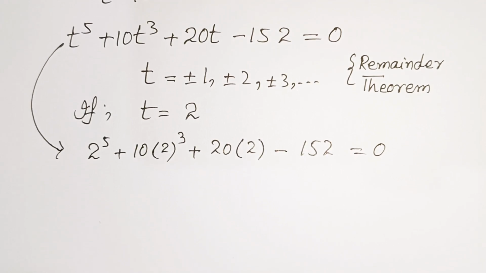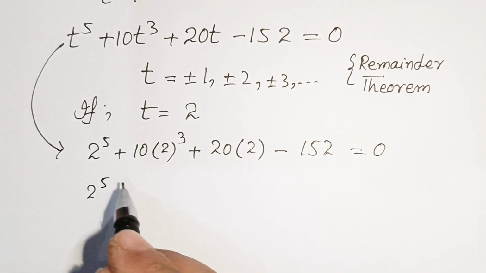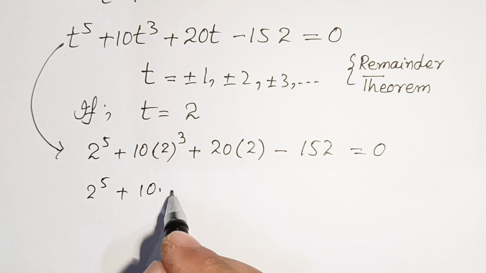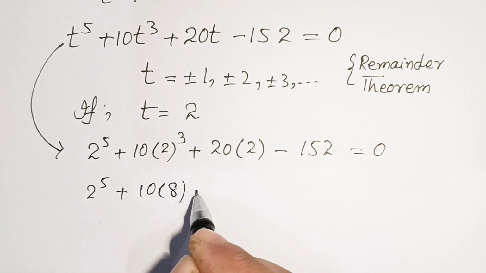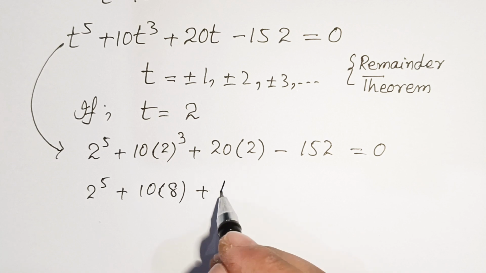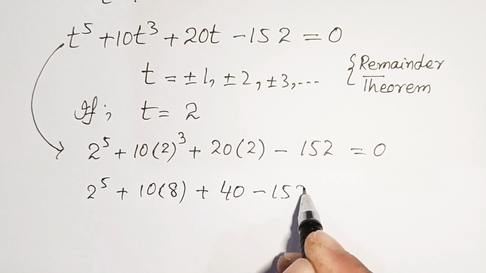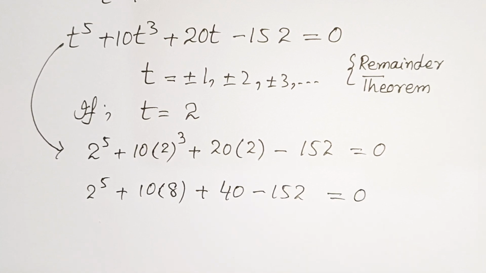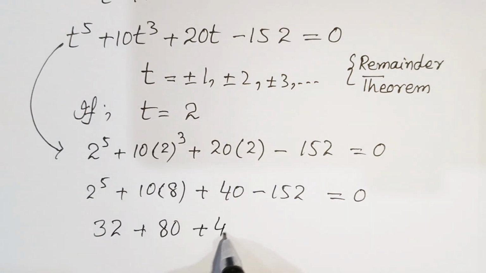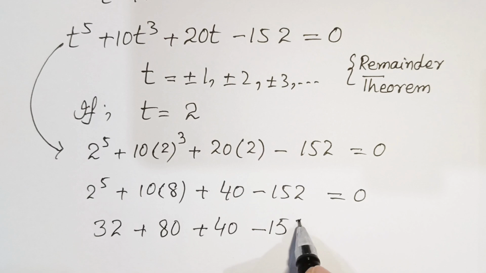Now our next step: 2 to the power 5 plus 10 times 2 cubed is 8, plus 20 times 2 is 40, minus 152 is equal to 0. So 2 to the power 5 is 32, plus 10 times 8 is 80, plus 40 minus 152 is equal to 0.